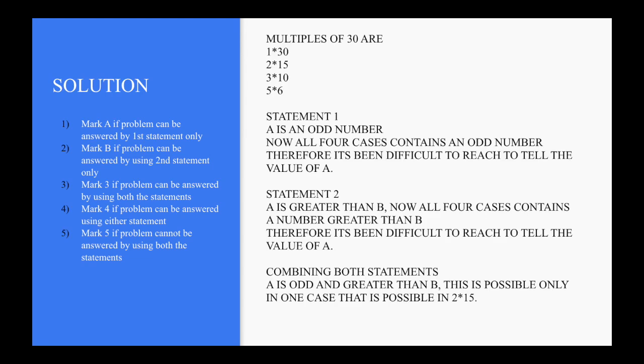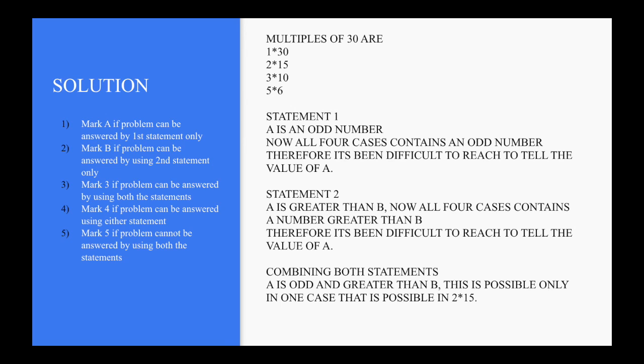To solve this question, I will break down 30 into multiples of two numbers and label them A and B. Now, what are the options which I have got? 1 into 30, 2 into 15, 3 into 10, and the fourth option is 5 into 6. Now, coming back to the two statements.